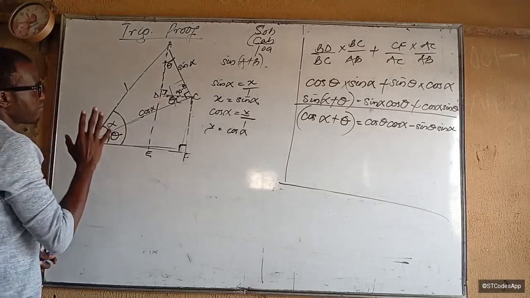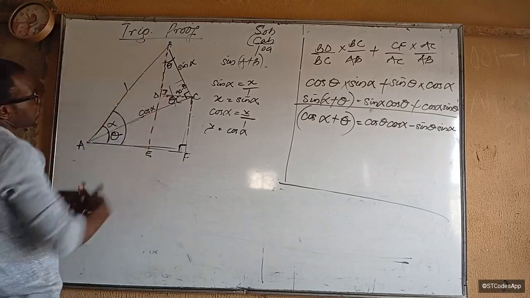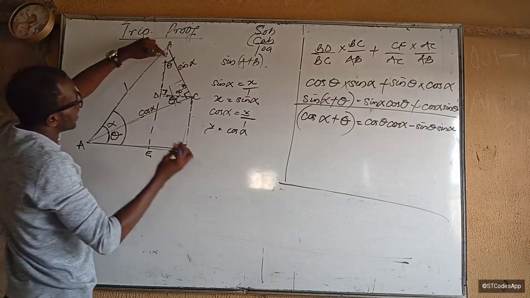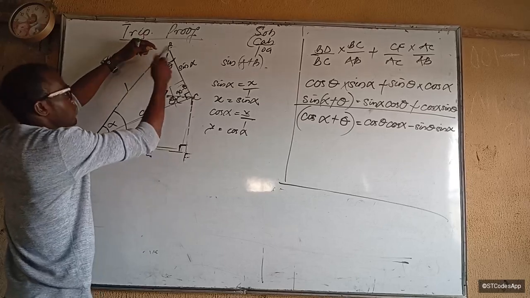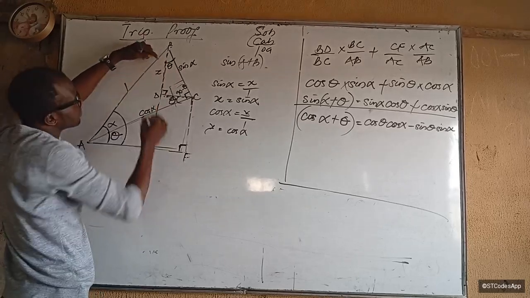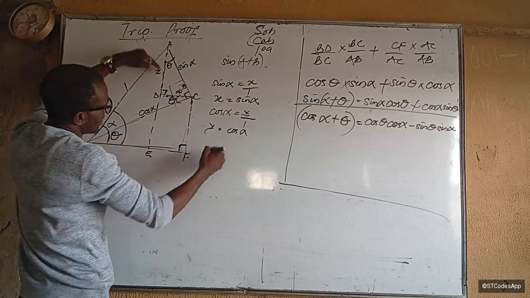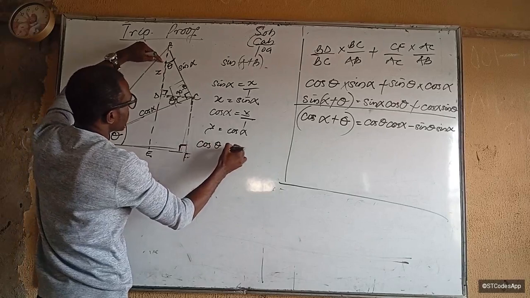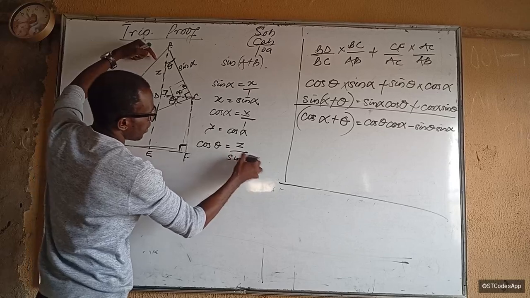Okay, so from here we can also get something for this guy. Using this side here, if you want to get this side, let's call it Z, for example. Cosine of theta will be equal to adjacent, which is Z, over hypotenuse, which is sine alpha.